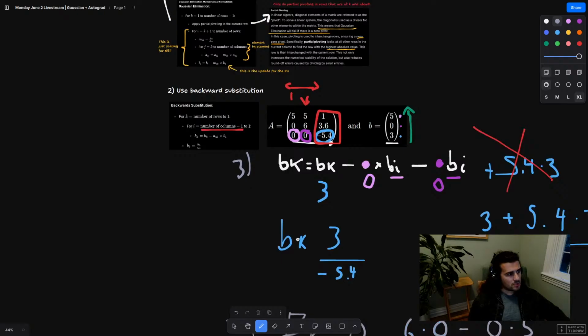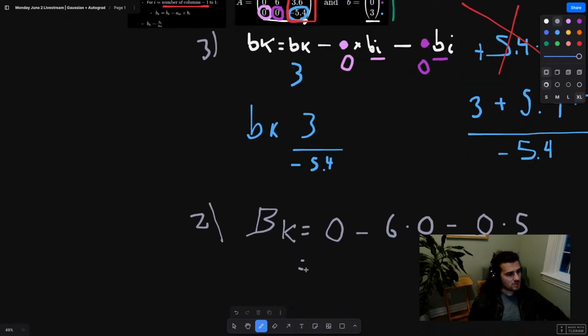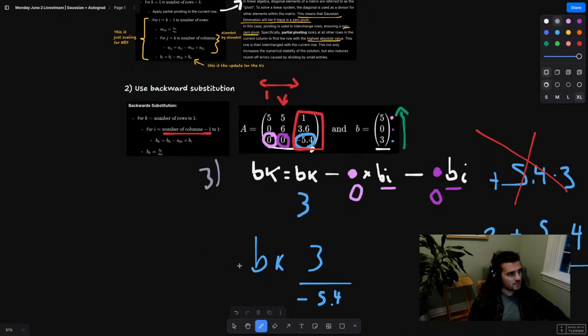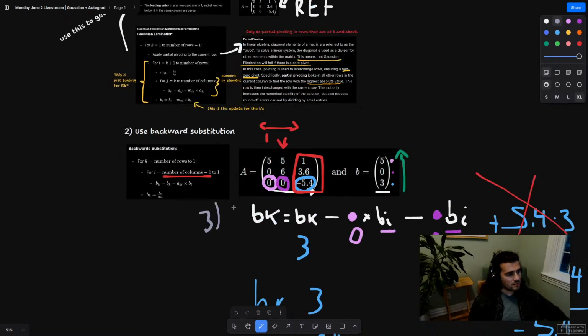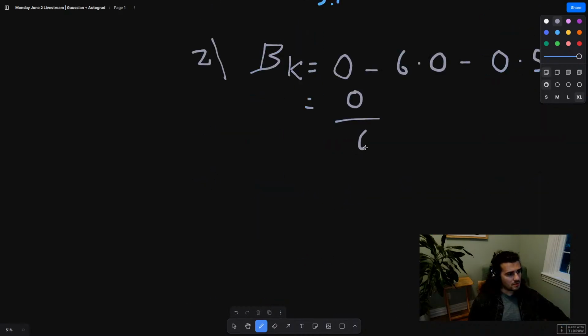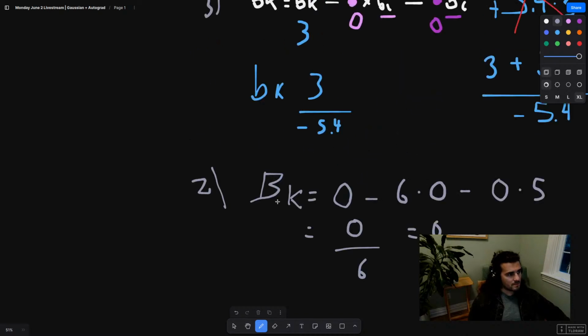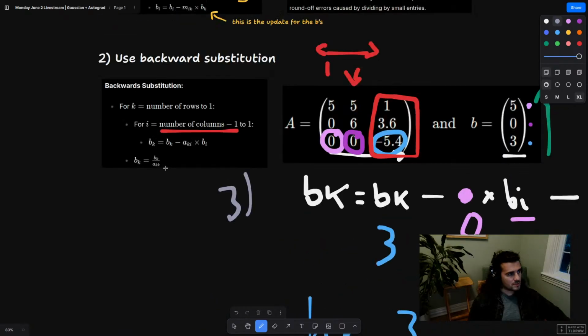Okay, and then what we do equals 0 divided by, I guess still 0 all across here, 0 divided by 6, so that's 0. That's our bk here.